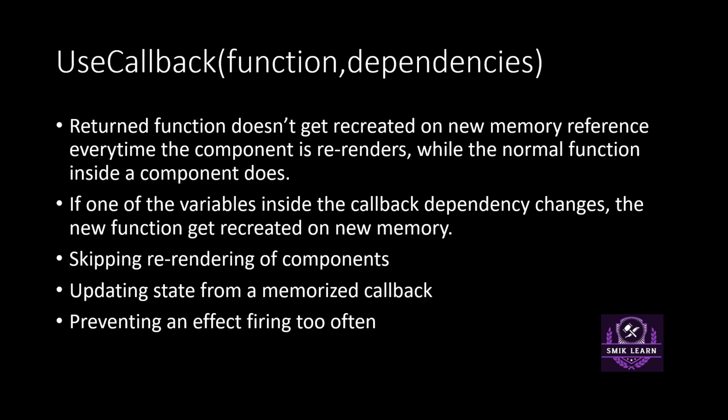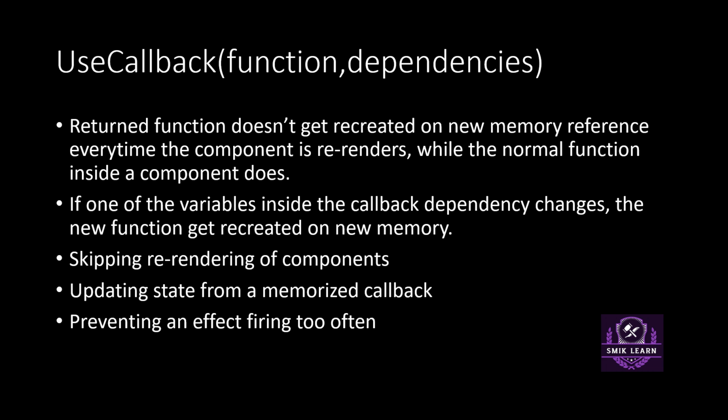So let me explain this useCallback method. It will return a function that does not get recreated on a new memory reference every time the component is re-rendered. Usually whenever a component is re-rendered, it will remove the existing component and recreate another component. That's what is happening. But if you use the useCallback hooks method, it will not create a new component, it will return the same function whenever there is a re-render.